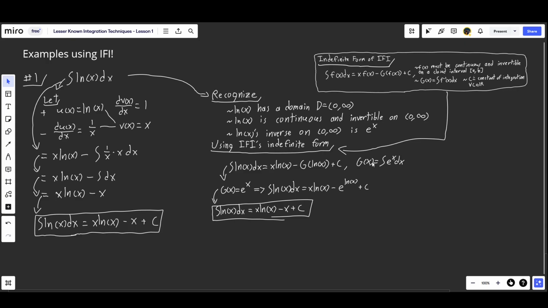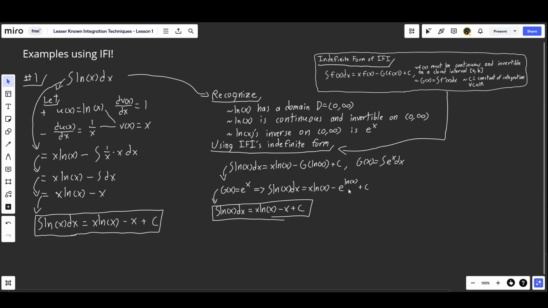Now, this g of x will be given by the indefinite integral of the inverse of the function inside the integral, which is e to the x. And the indefinite integral of e to the x is just e to the x. So g of the natural log of x will be e to the power of natural log of x, and these functions are inverses of each other on this interval.